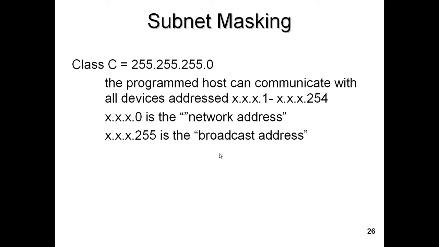This is the one you're going to use 99% of the, well, 96% of the time. 255.255.255.0. That means network, network, network, and the 0, the last octet, is going to be for individually addressed devices. So this is what you're going to use most of the time.